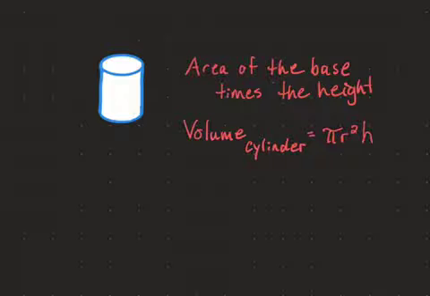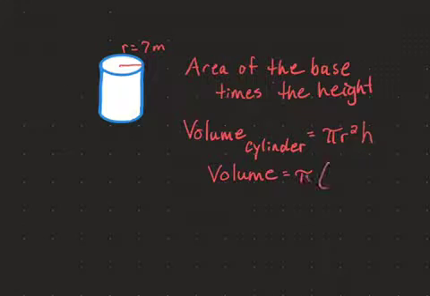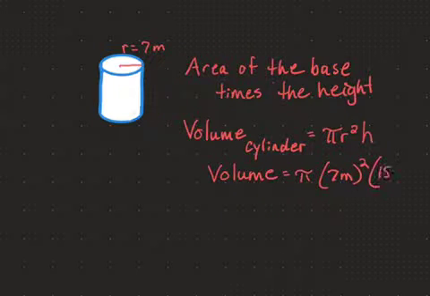For instance, if we have a radius here equal to 7 meters, then we would have a volume of pi times 7 squared times, and we'll say the height here is 15 meters. So that's the height.